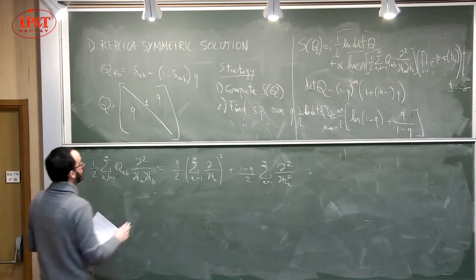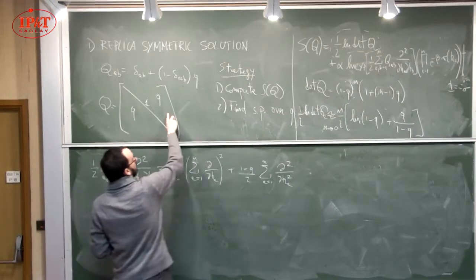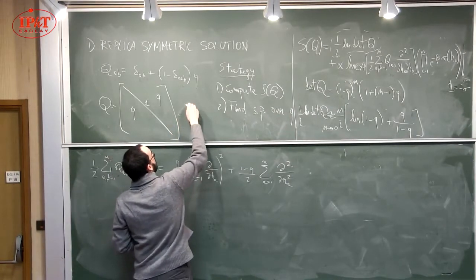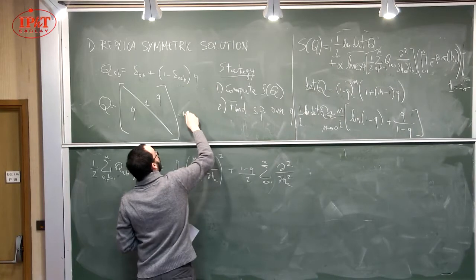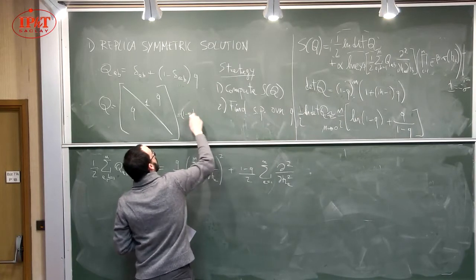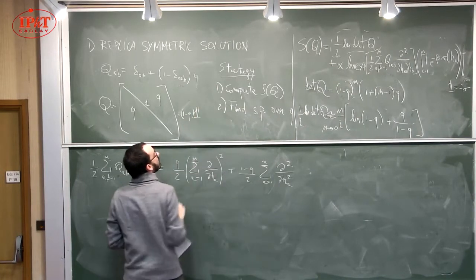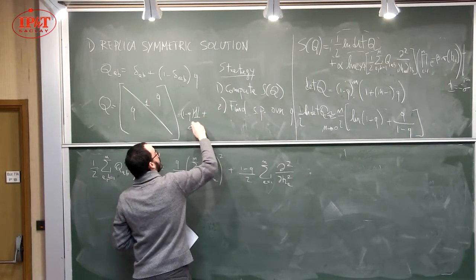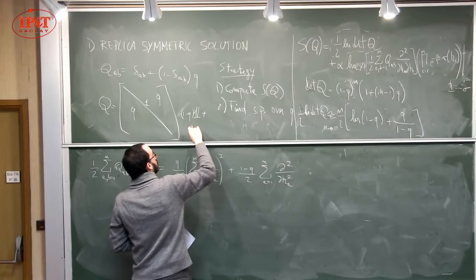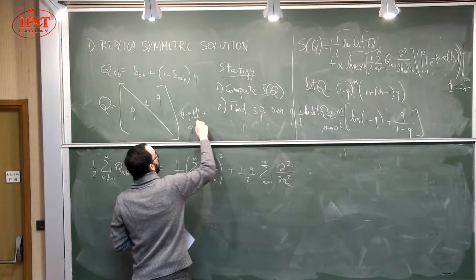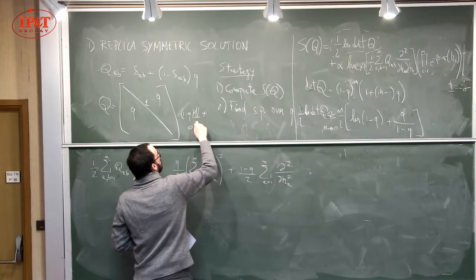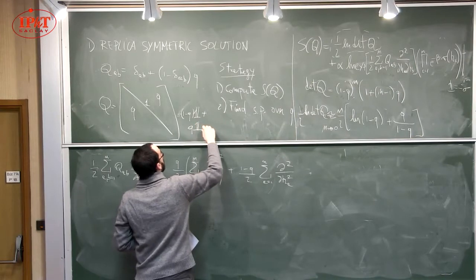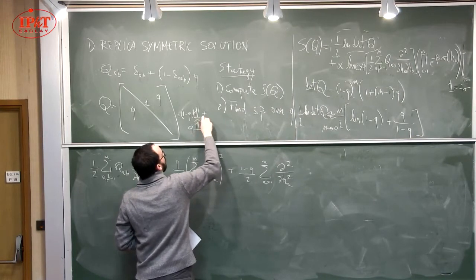So the way in which you can see it is that this matrix can be written as 1 minus Q times the identity plus a matrix Q, so Q times a matrix that I call 1 tilde.